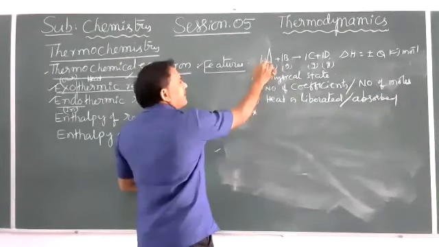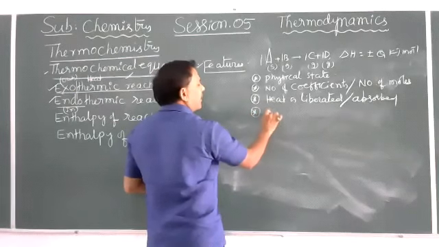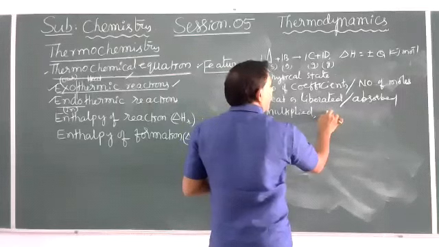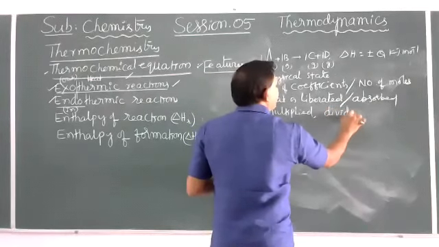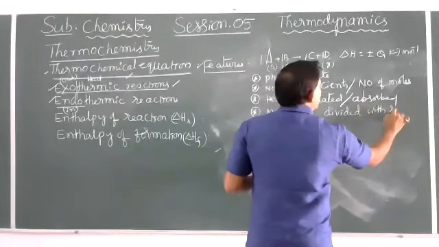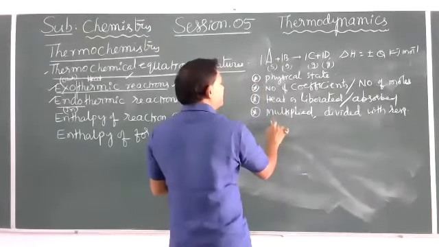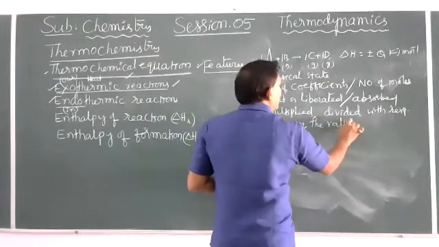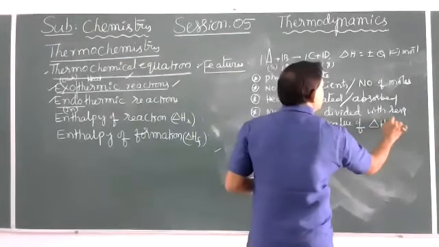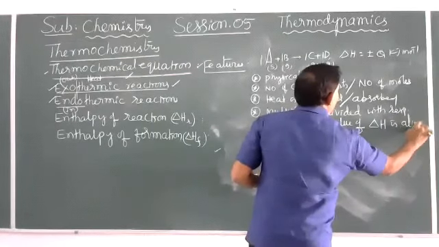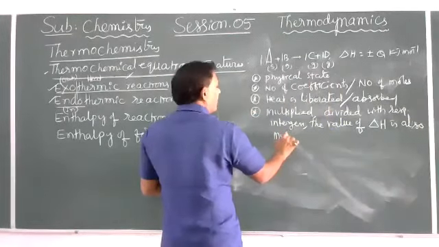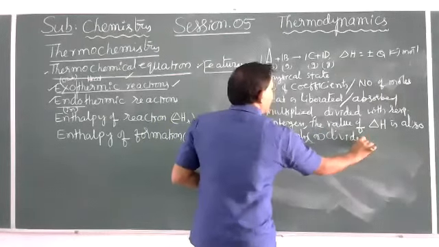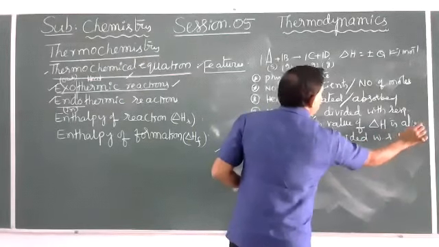Also, in a chemical reaction, if the chemical equation is multiplied or divided with respective integers, the value of delta H is also multiplied or divided with respect to the integer.